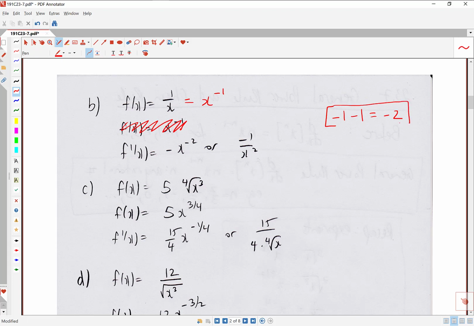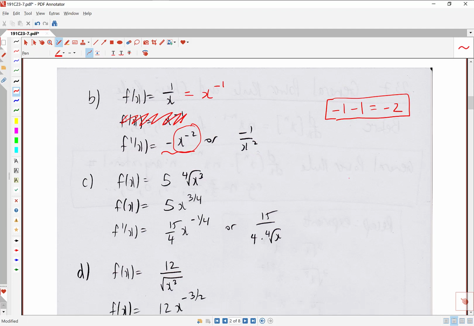So -1 minus 1 gives us a -2. So overall, negative x to the -2, and then you could rewrite that as minus 1 over x squared, because the negative exponent is just going to send this x squared down into the denominator. So 2 good ways of giving your answer.